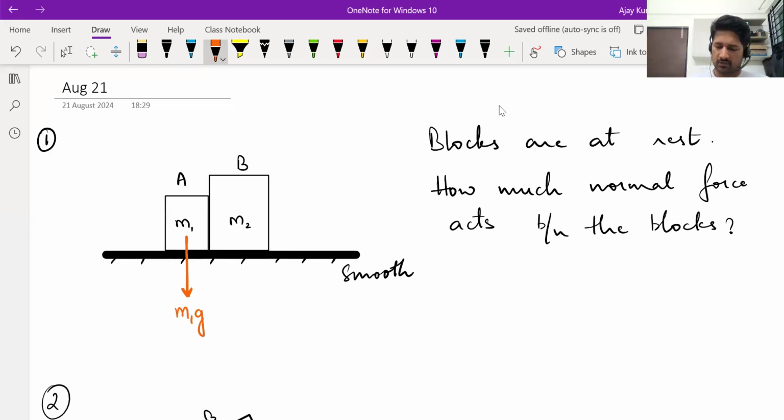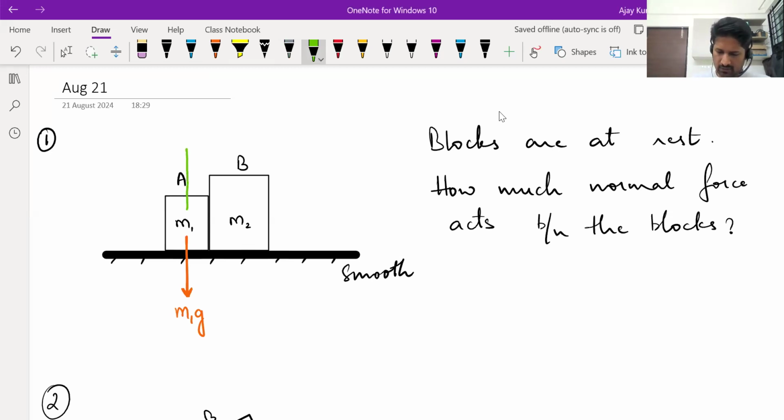So the smooth surface. The horizontal surface will exert a normal force. In which direction will that be? Sir, upwards, opposite to m1g. Upward. Okay.